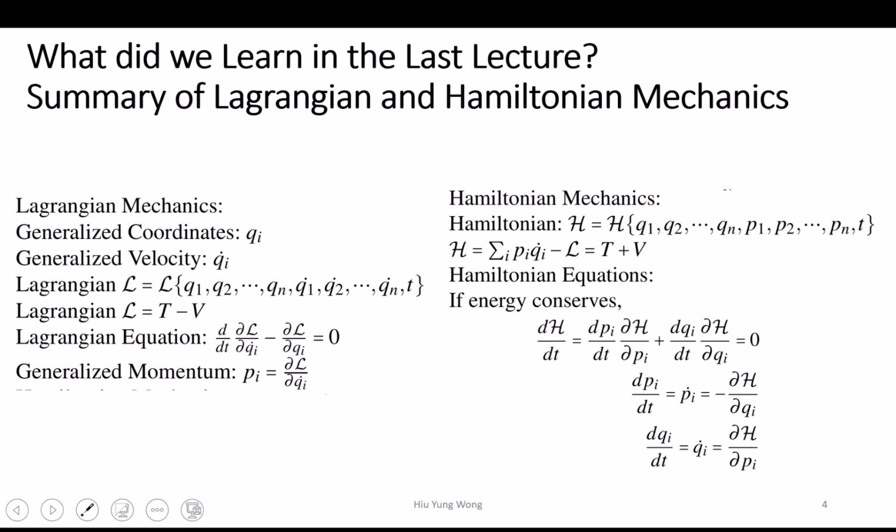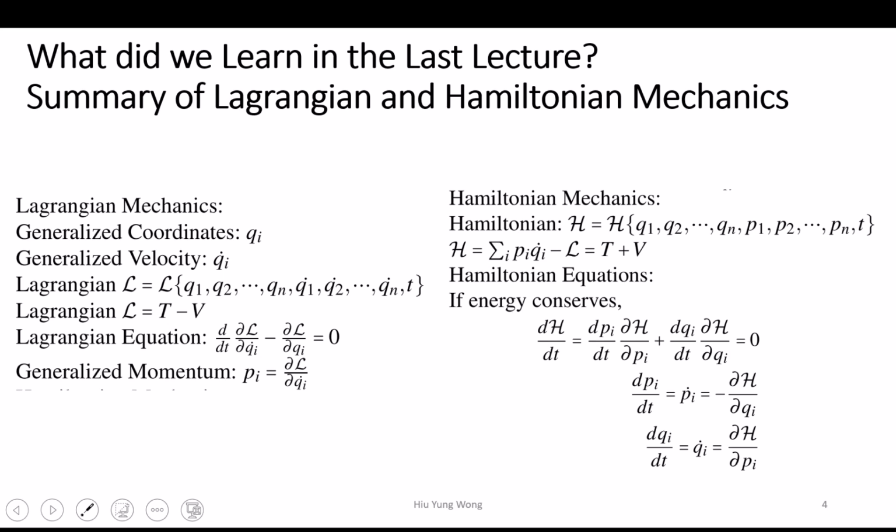Last time I showed you that by using this Lagrange equation, we're able to predict the motion of a free particle. We also predicted the motion of a simple harmonic oscillator. Remember? Similarly, there's another formulation. If you are interested, you can dive deep into it.